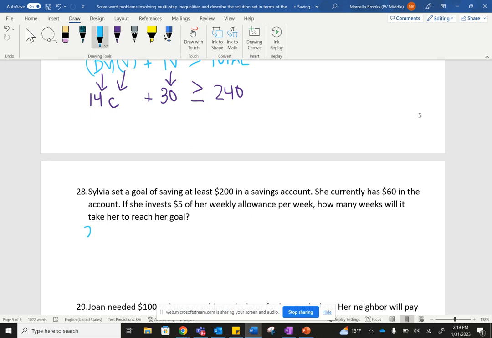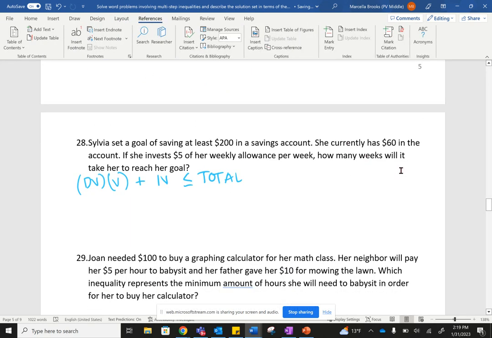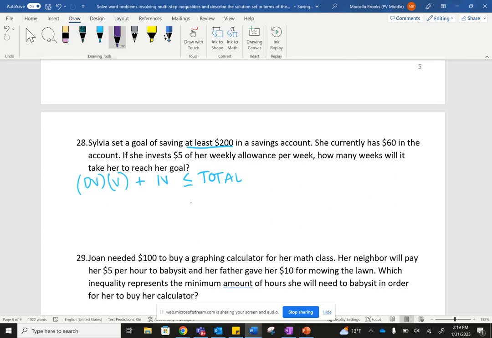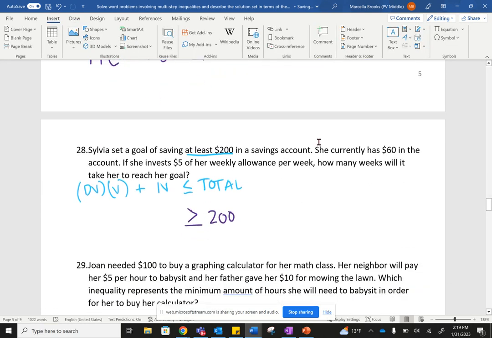So we do DV, dependent variable, times variable, plus IV is greater than or equal to total. Okay, so at least $200. That tells us we are going to put greater than or equal to 200 because at least. It's the same one as last time, at least.